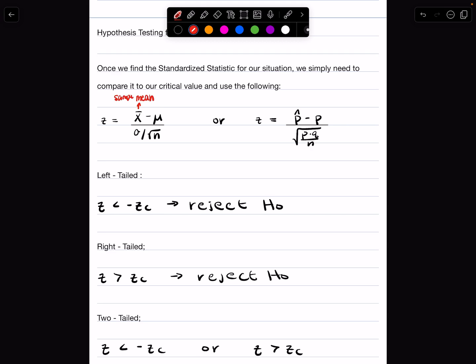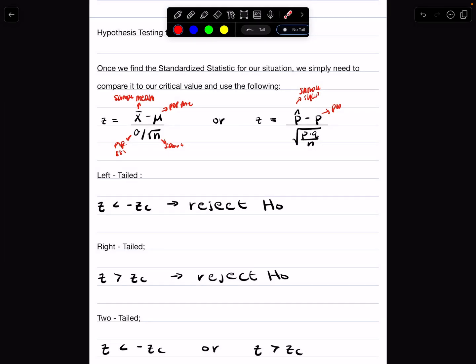So sample mean minus population mean, divided by the population standard deviation over the square root of n, which is the sample size. And what we're going to use later when we're working with population proportions is p hat minus p, where p hat is the sample success proportion, and then p is the population success proportion.